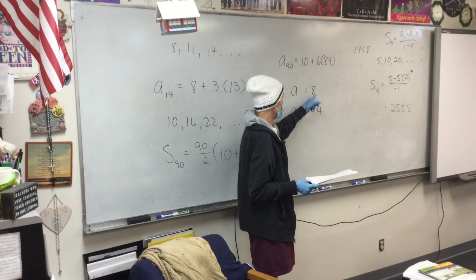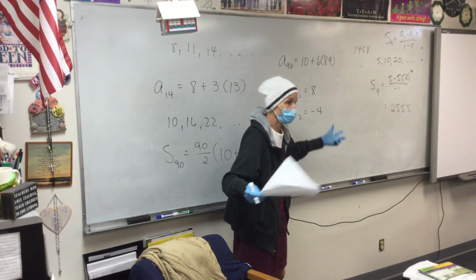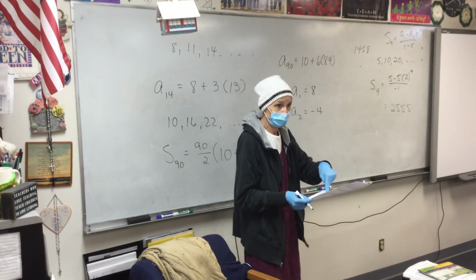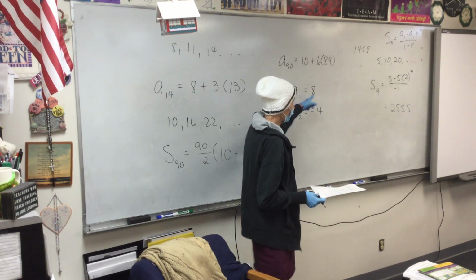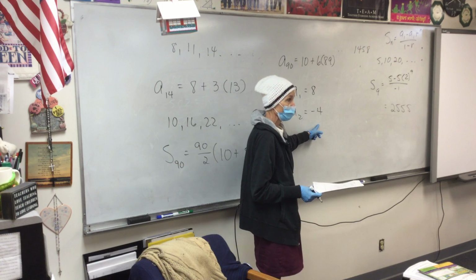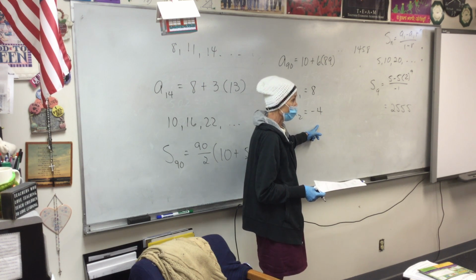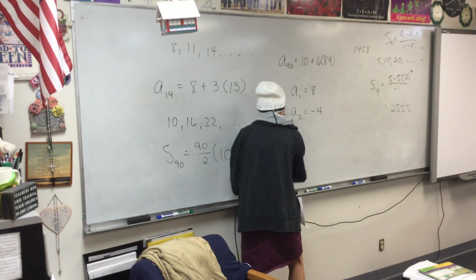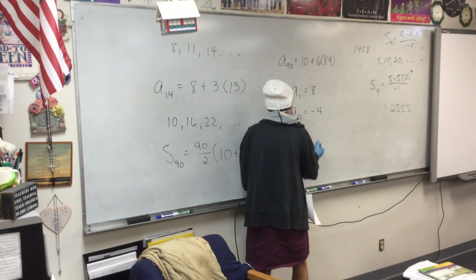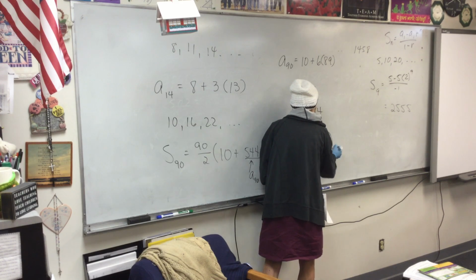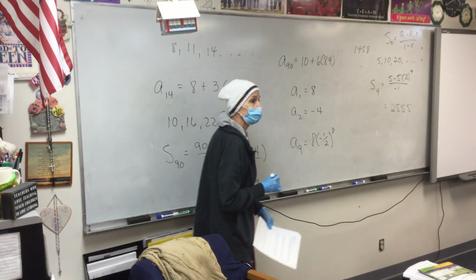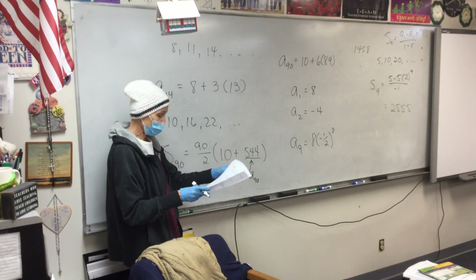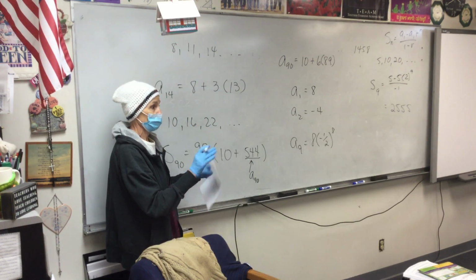If all I did was give you 2 terms, you would have no idea if it's arithmetic or geometric. But the problem says it's geometric. So we have a ratio, how do we get from here to here? Multiplied by negative 1/2. So we want the 9th term. So that will be 8 times negative 1/2 to the 8th. And we can type that in and get the answer.